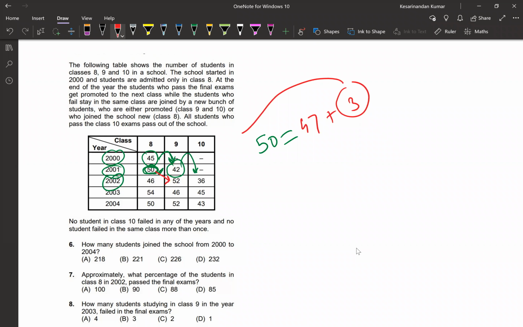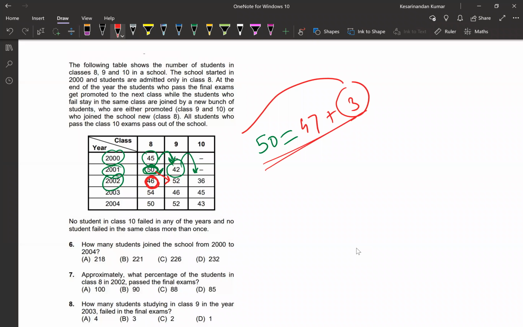Out of those 6, 2 are still in 9 and the remaining have left, I think. So if I have to break up this 46, how will I do it? What will be this breakup? Like we did the breakup of 50, how will we do the breakup of 46?